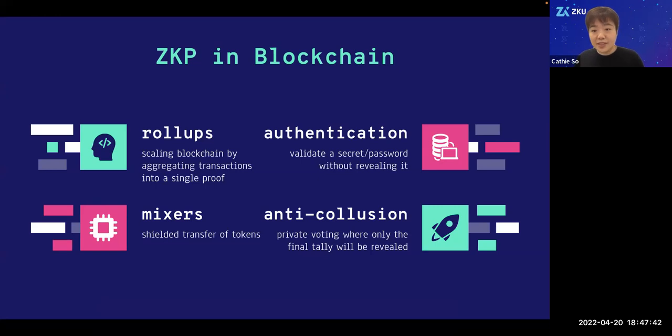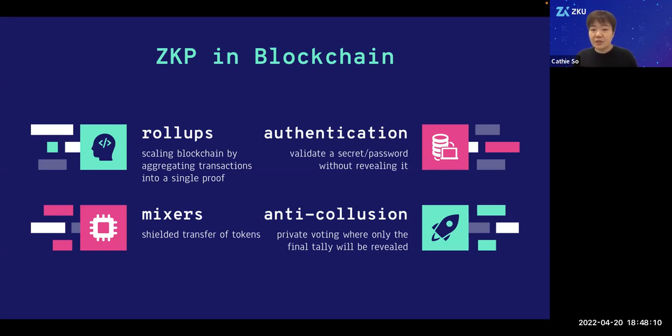So what zero knowledge can do for blockchain is to add privacy. There are several ways that it can add privacy, including scaling blockchain by aggregating transactions, or it can shield your transfer. So if I am transferring 1 ETH to Justin, there's actually a way to shield it so that people don't know it's me transferring to him.